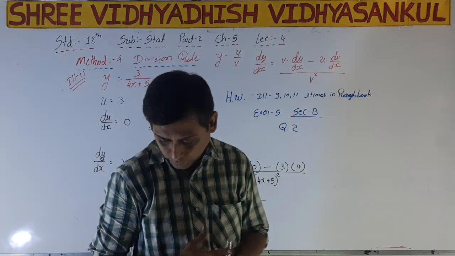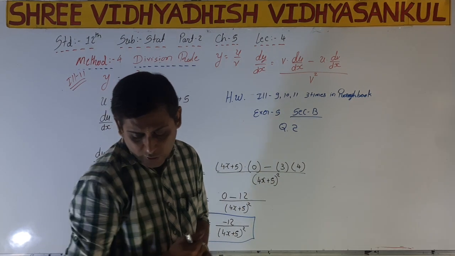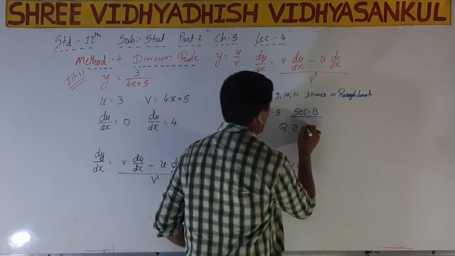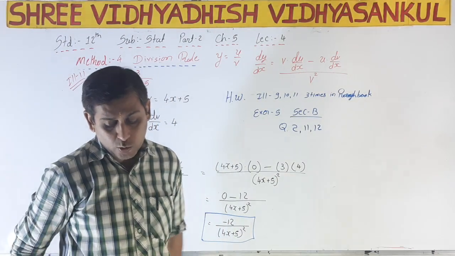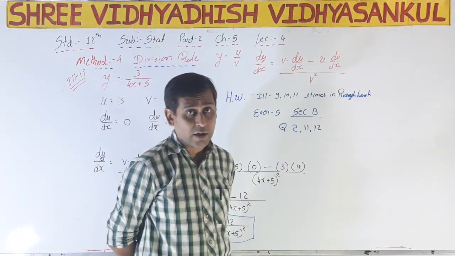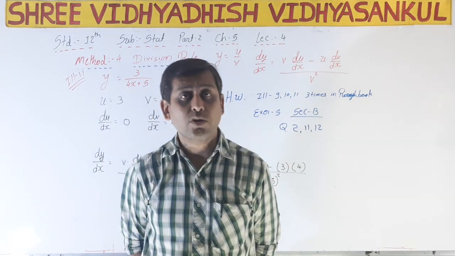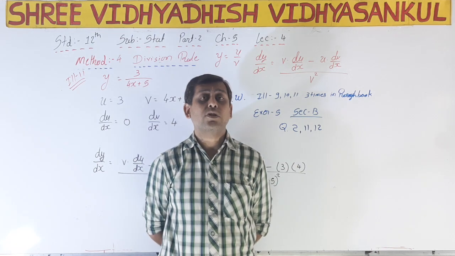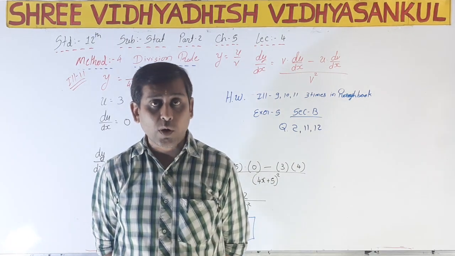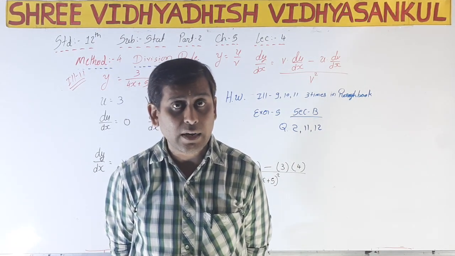Now directly the 11th one, question number 2, after that 11 and 12. See, f of x is equal to 7x square minus 6x plus 3. It is just like illustration number 7. In illustration number 7, y is equal to something and we have to find dy by dx.